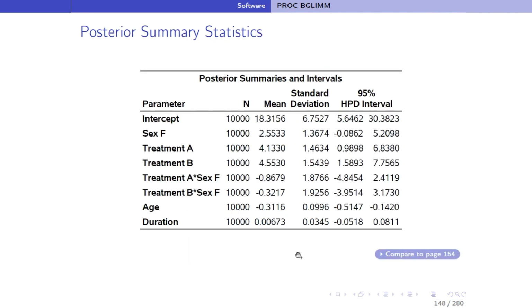It produces the summary statistics on the intercept, gender, treatment, the interaction term, age and duration. It has posterior mean, posterior standard deviation, and 95% HPD intervals for all of them.